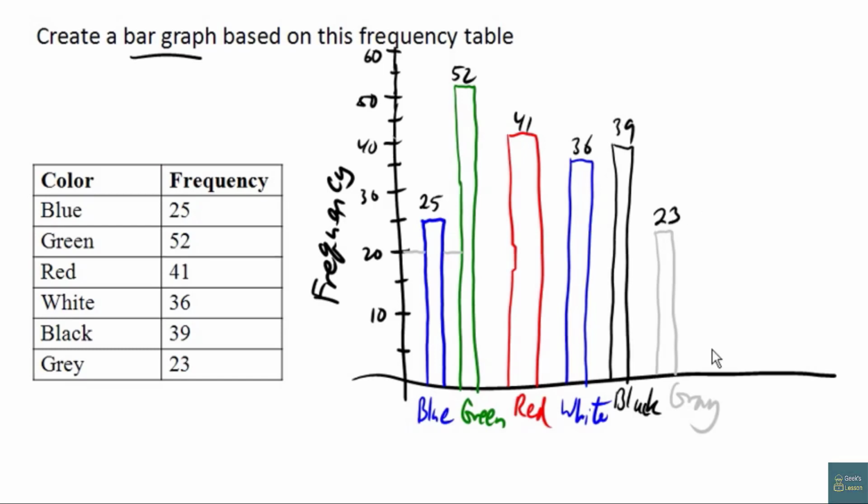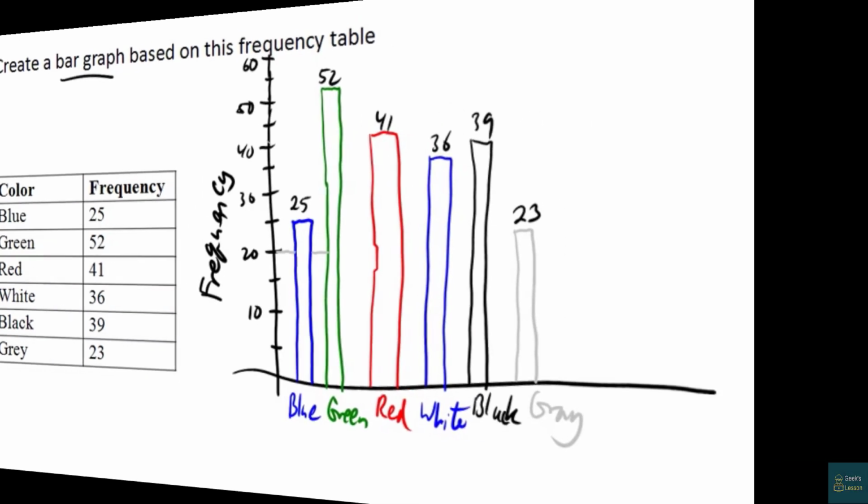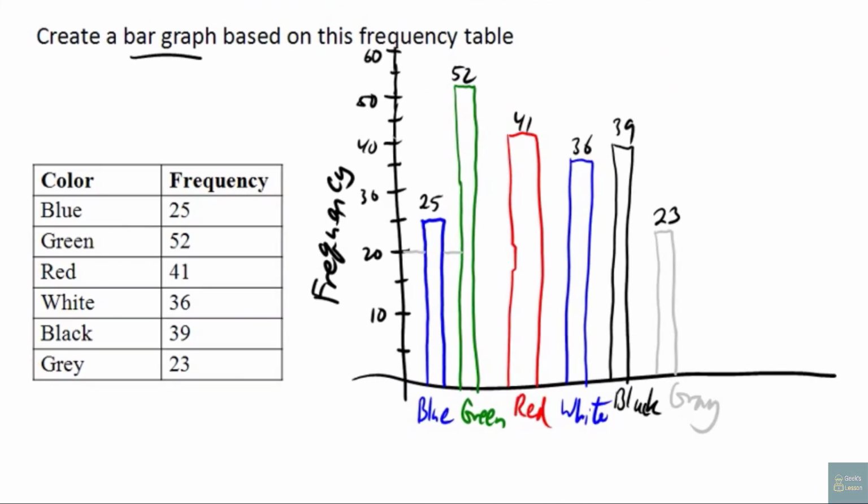Now, the advantage of the graphical display, of course, is that it makes it very clear visually what the relative sizes of these quantities are. And so this would be a bar graph for categorical data. So this was a bar graph for this frequency table of car colors.